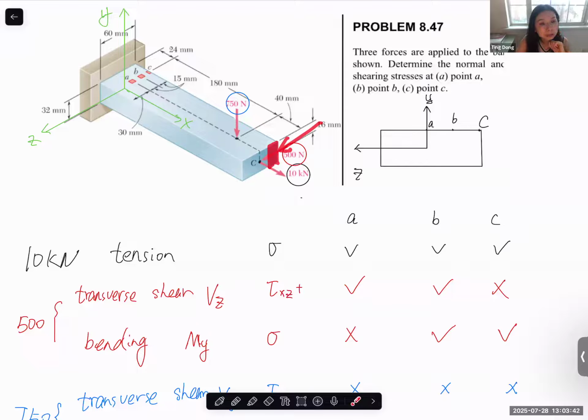Makes sense or not? We are trying to figure out the shear stress on the x plane in the z direction. You can imagine the distribution in the z direction is 0 at the surfaces, maximum at the neutral surface, and quadratic in between. For point B, we use VQ/It to calculate, and the Q here is this one.